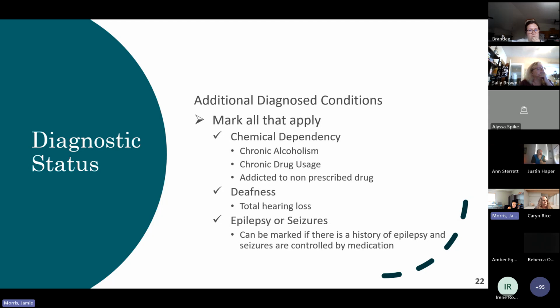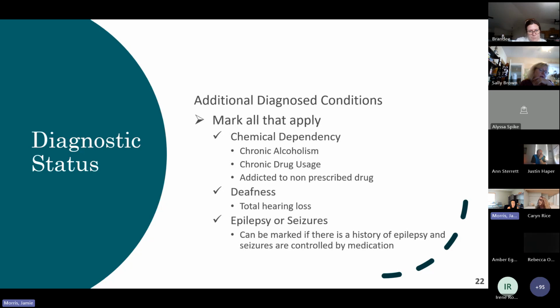If there is a history of epilepsy or seizures, and they have been very successfully controlled by medication, and we can prove that through documentation, you can mark that one for an individual. There is a point later on in the ICAP where you would need to mark number 7 in section C for current medications.